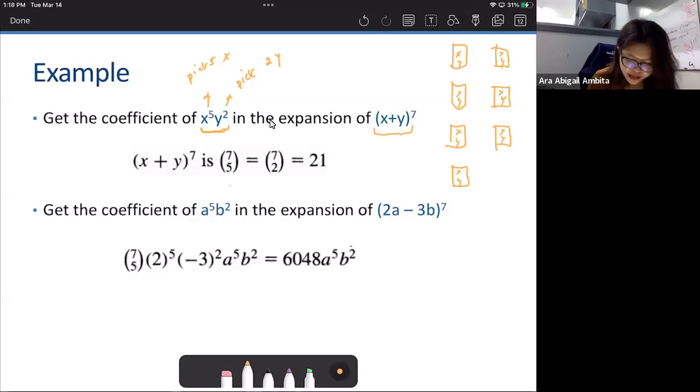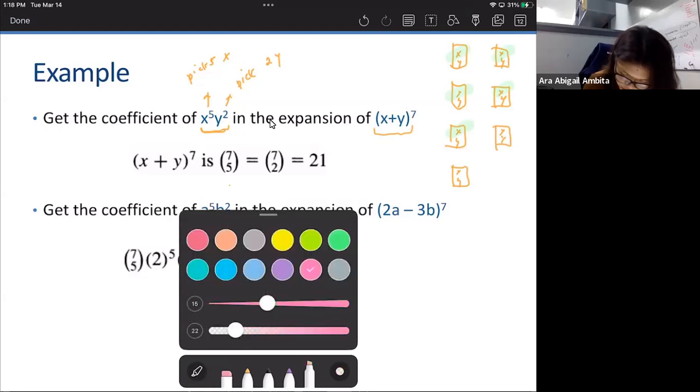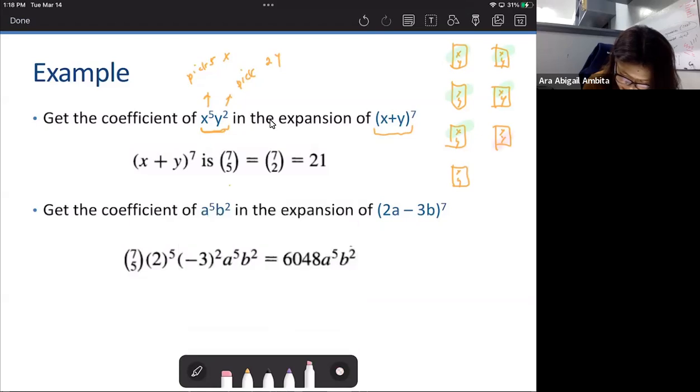And we are going to select 5 x's. So assuming nag-select tayo ng 5 x here, yung matitira na lang ay magsaselect tayo ng 2 y. Tama?